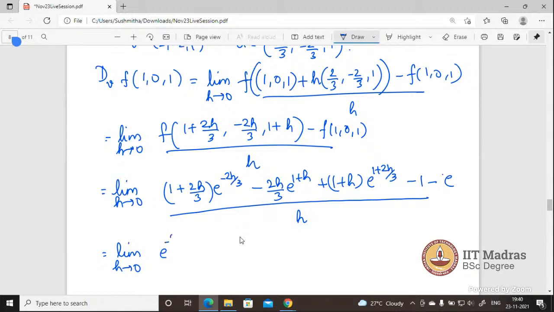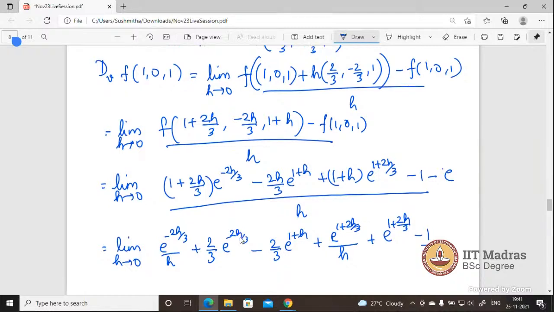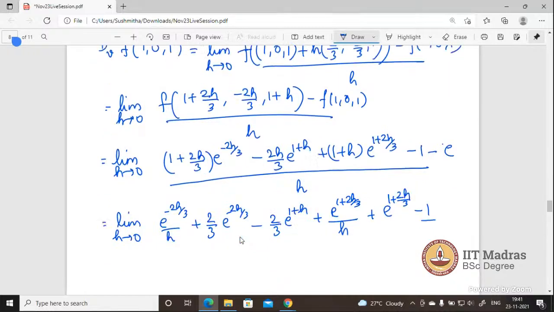I have e raised to minus 2h by 3 by h, plus 2 by 3 e power minus 2h by 3, minus 2 by 3 e power 1 plus h, plus e raised to 1 plus 2h by 3 by h, plus e raised to 1 plus 2h by 3 minus 1 by h. Okay, there's something wrong. Something should get cancelled here.